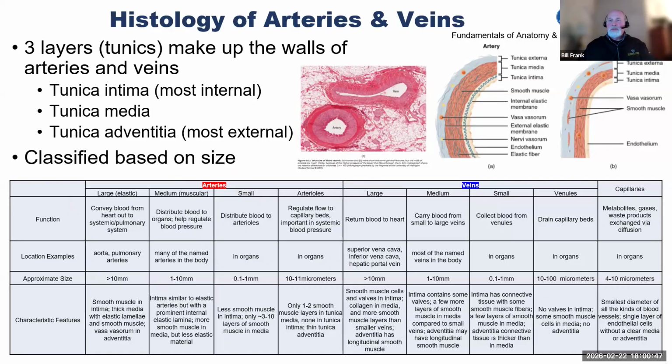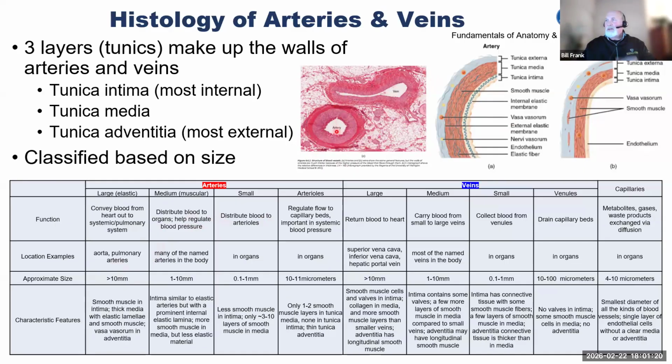It is muscular due to its big internal elastic lamina. I always think it looks like a rubber band that's been stretched too much and then it comes back. So we can see that the artery itself is going to have a much thicker wall, which is more musculature. Usually it's going to be very round in shape versus a vein, which is usually going to be a little bit larger, but very flat and collapsible.